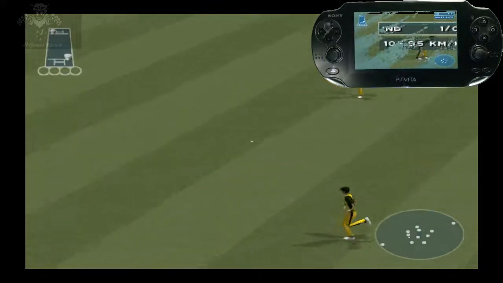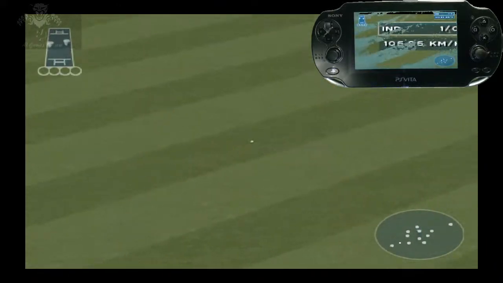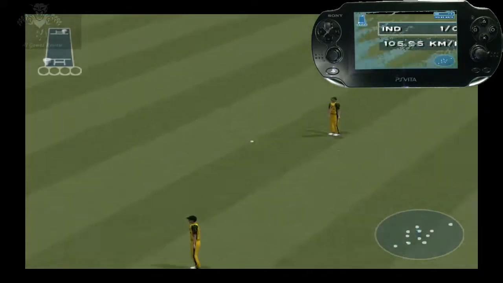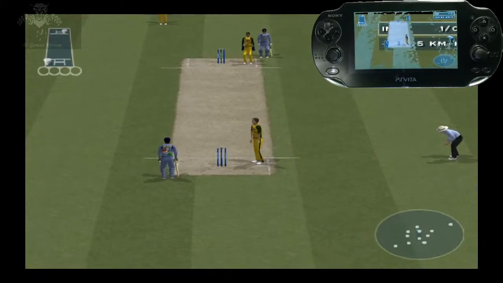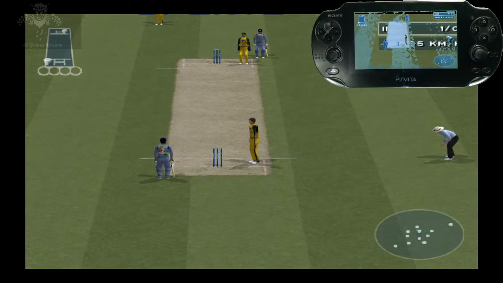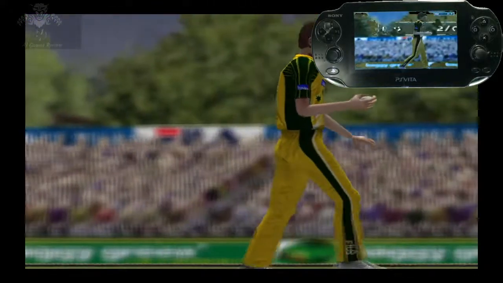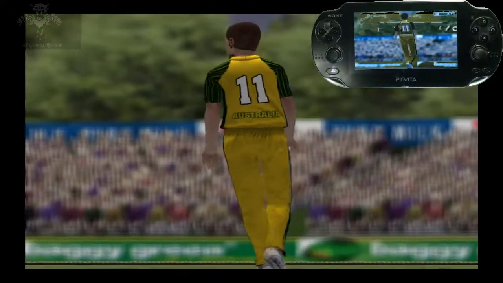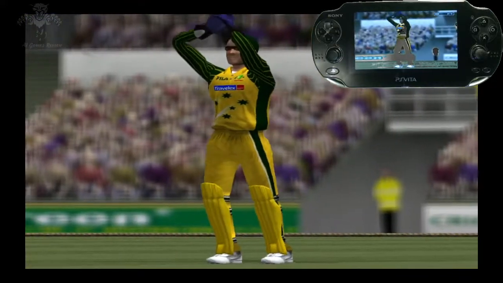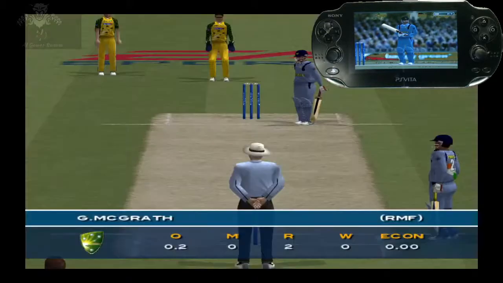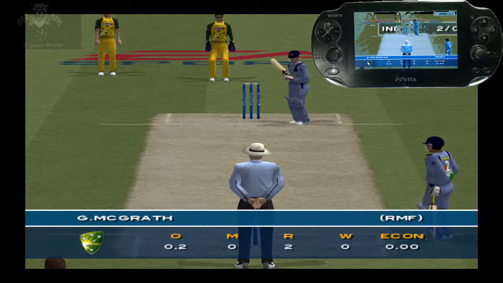Lee is chasing that one. There's just one there. Tendulkar waiting at the striker's end.